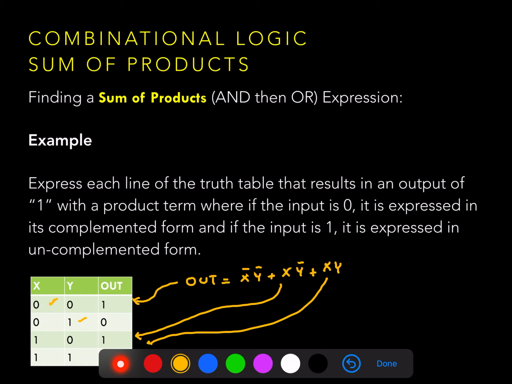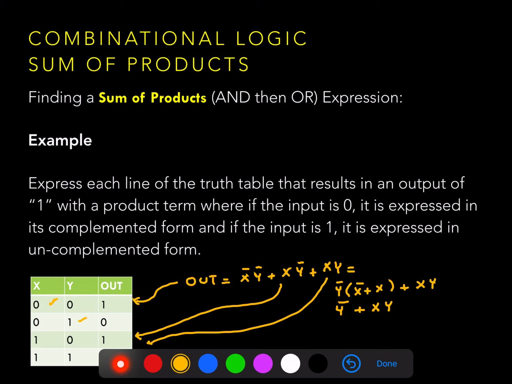Now we can simplify this expression once we have it using Boolean relationships that we've used before. And here we'll just pull the y0 out of the first two terms, get x bar or x, or xy, which will give us y bar or xy.